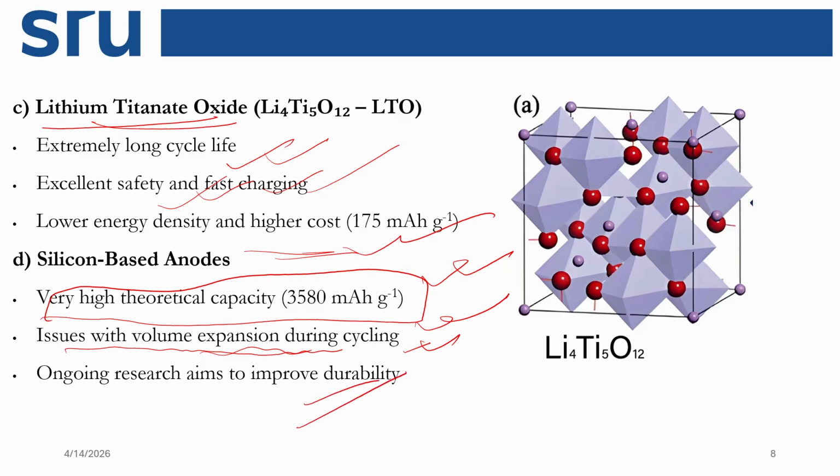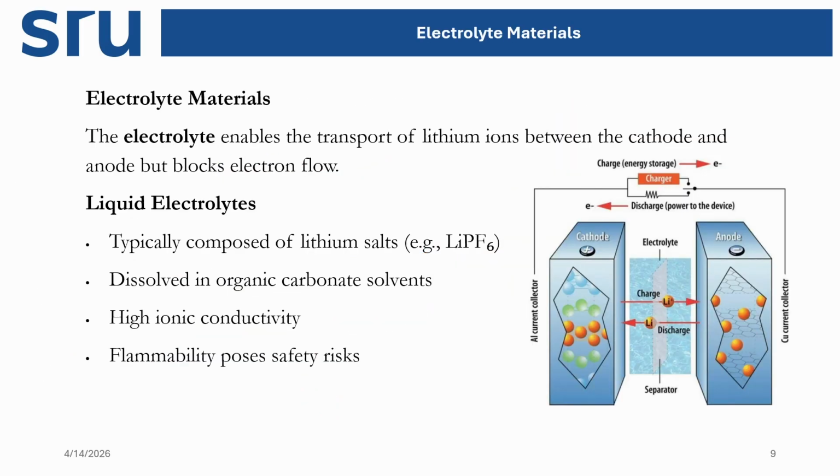That is the problem of using silicon based anode material. So ongoing research is aimed at improving durability. If we are able to solve the expansion issue or stability of the silicon based anode material, it will be a very good achievement for the lithium ion battery.